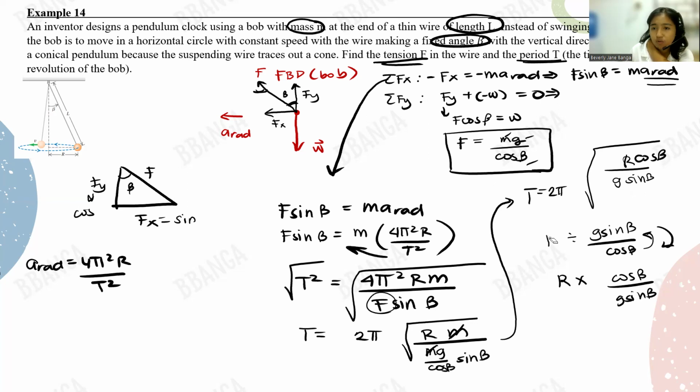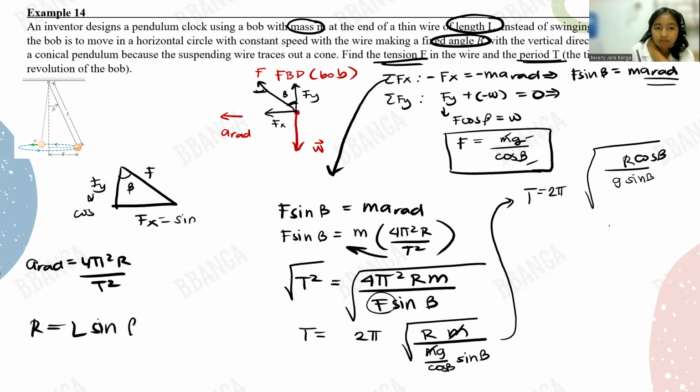Ngayon, hindi given yung R sa ating class. Pero napakita ko na kanina na yung R natin, pinakita ko na, di ba? That R is simply L sine beta. So, we can rewrite this therefore as 2 pi square root of L sine beta cos beta over G sine beta.